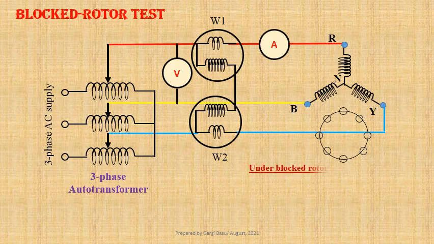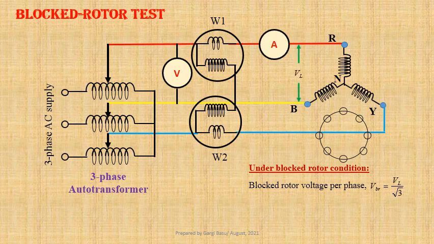Under blocked-rotor condition, for a star-connected 3-phase induction motor, blocked-rotor voltage per phase VBR equals VL by root 3, where VL is the line-to-line stator voltage measured by the voltmeter. Blocked-rotor current per phase IBR is measured by the ammeter.